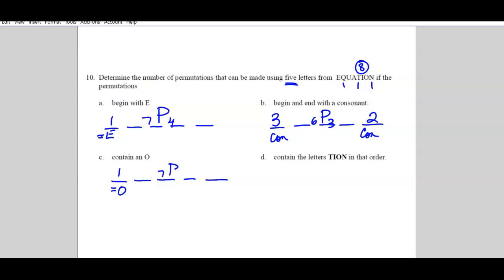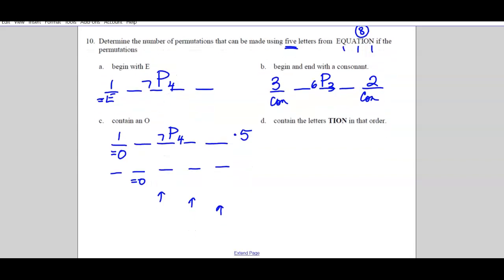So 7P4. So wouldn't that be 5 times 7? And then, exactly. So as Ali said, then 5 times that. Because then you could have the O over here, or here, or here, or here. So it's going to be this times 5. So just write it out there.